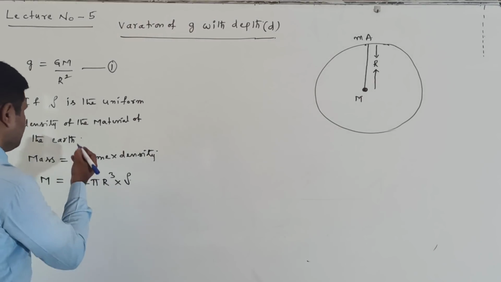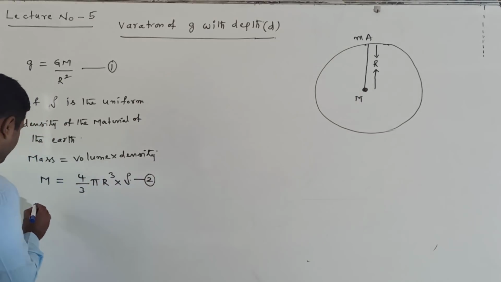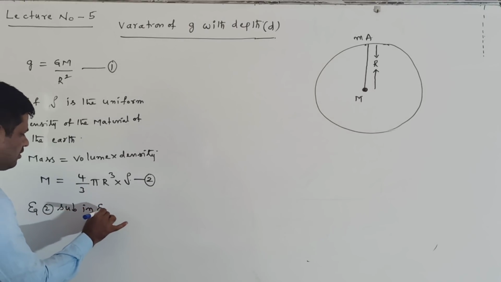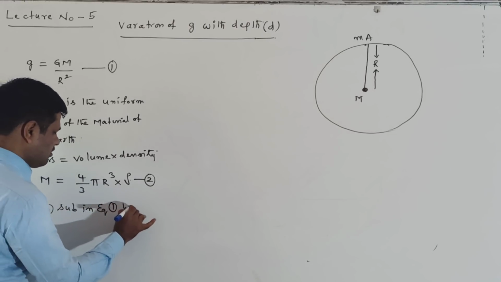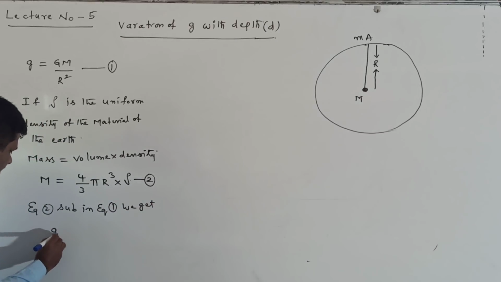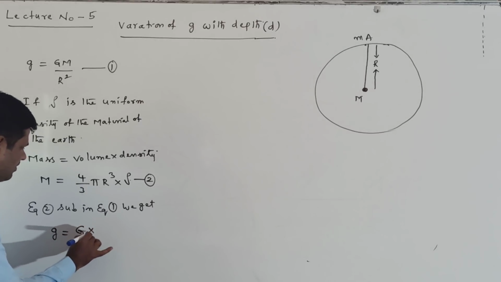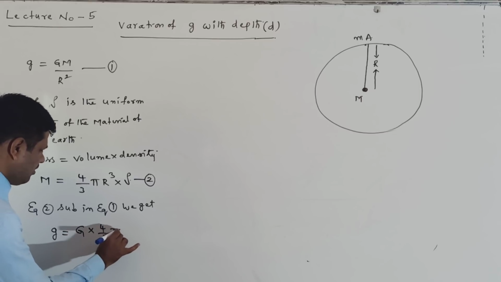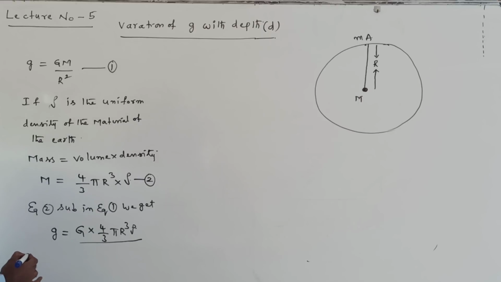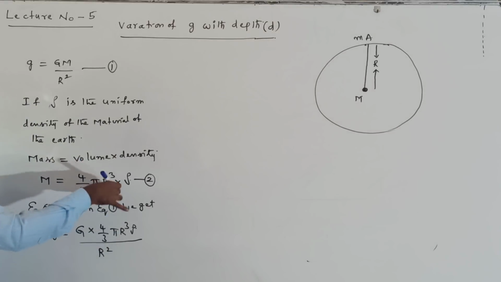Now this M value, substitute in equation 2, that is, substitute equation 2 in equation 1. What we get here: small g is equal to capital G into 4 by 3 pi R cube rho, by R square. In place of M, I am substituting this value.